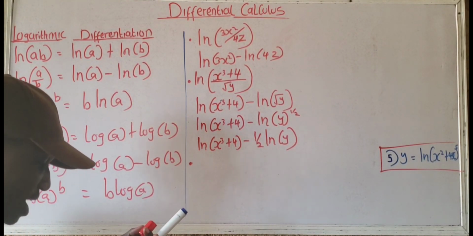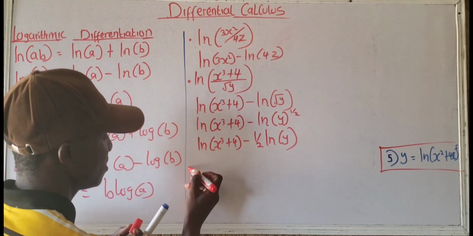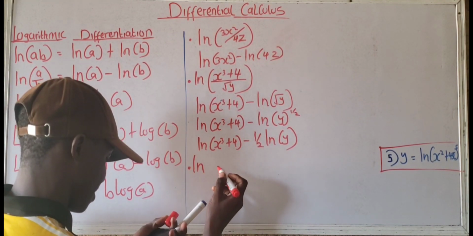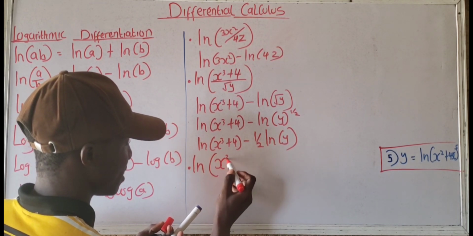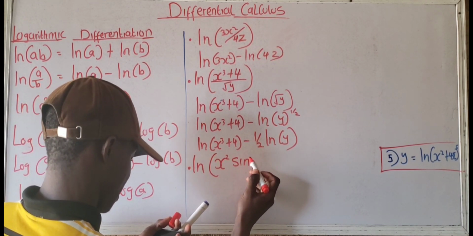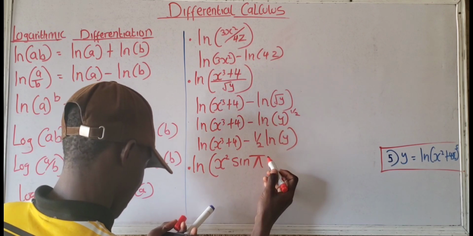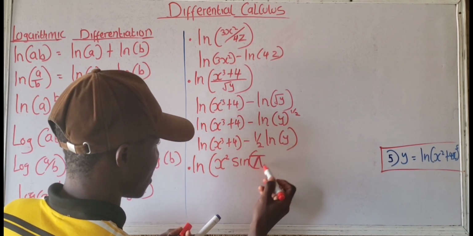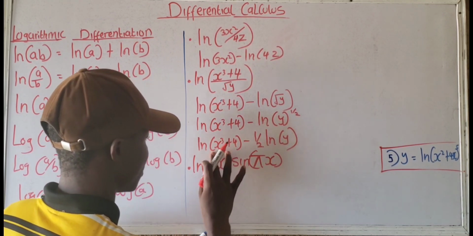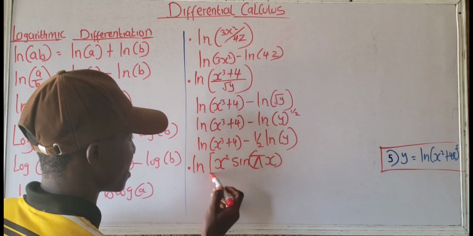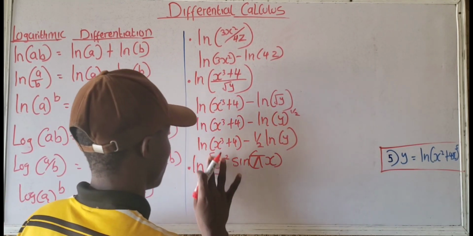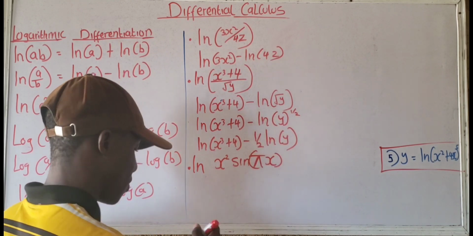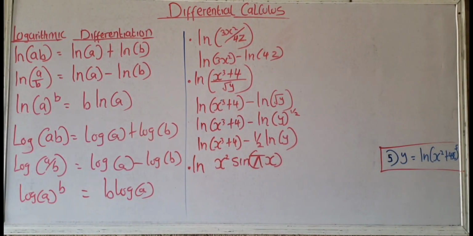Let's say you are asked to expand ln of x squared sine pi x, okay, sine pi x. Let me put another type of bracket here. I want to write the question so that you can see it very well.